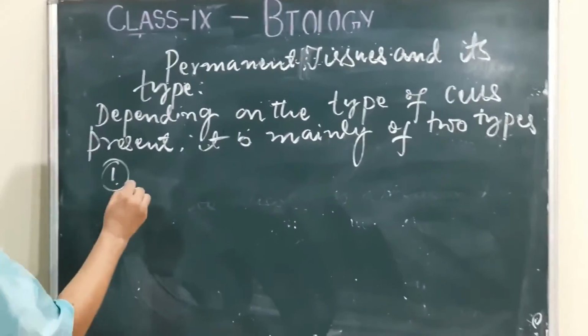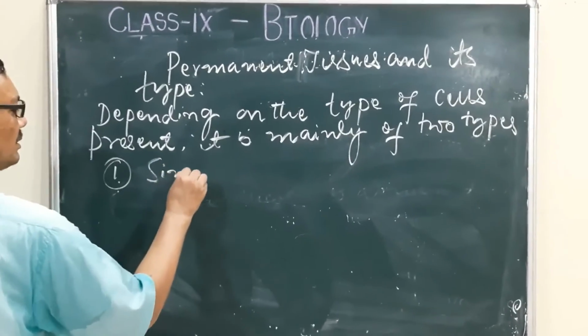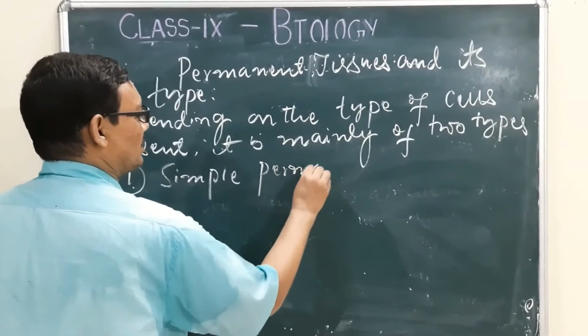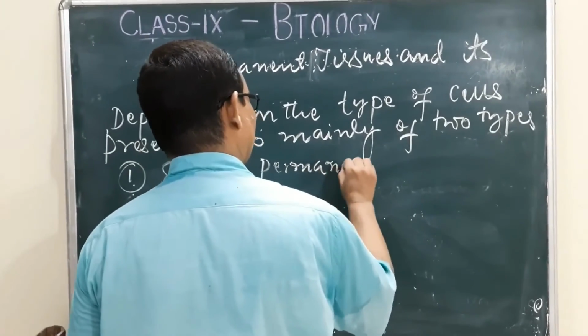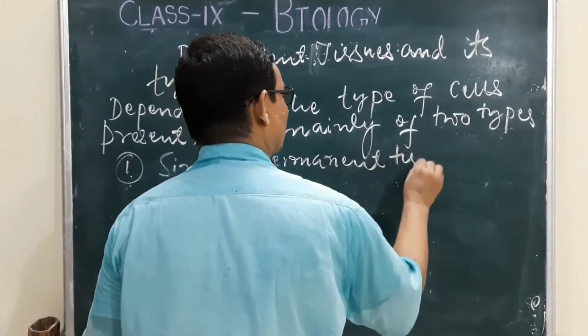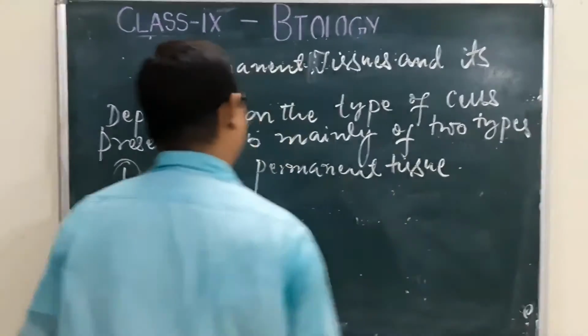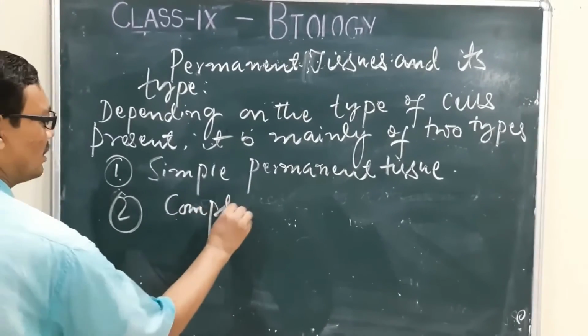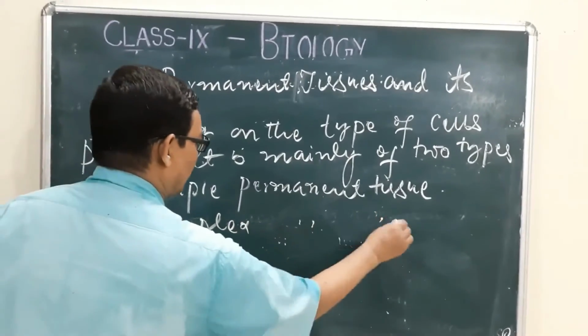Number one, simple permanent tissue, and number two, complex permanent tissue.